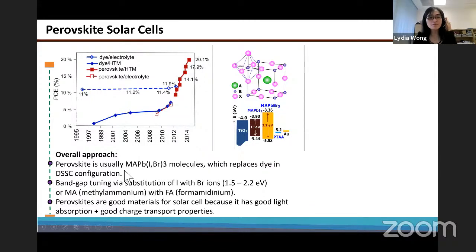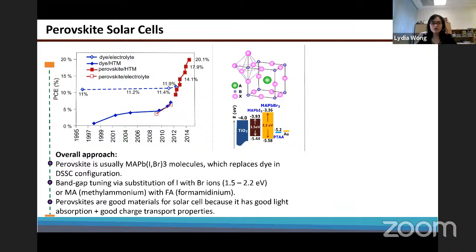Yeah. So perovskite is made of organic, inorganic materials consisting of metal, ammonia, lead, iodine, bromine. Sometimes they can also use chlorine. Which replace the dye in dye-sensitized solar cell. This material is amazing because they have good absorption coefficient, they have good band gap, and they also have very good electron and hole mobility.